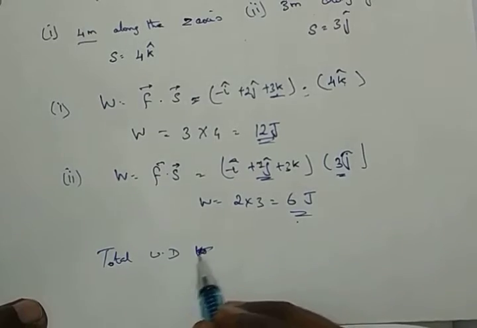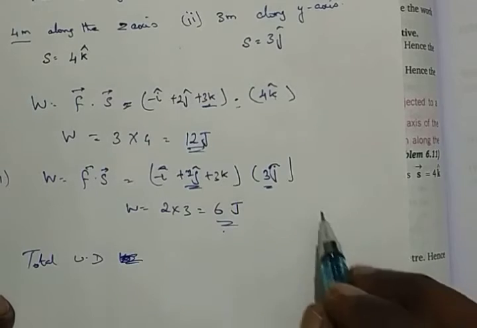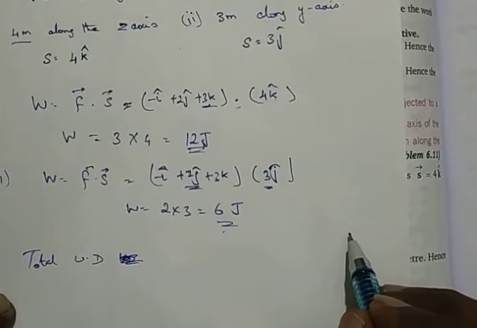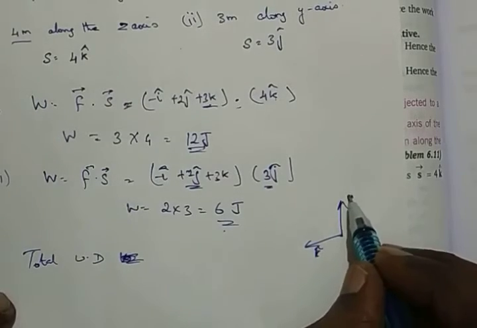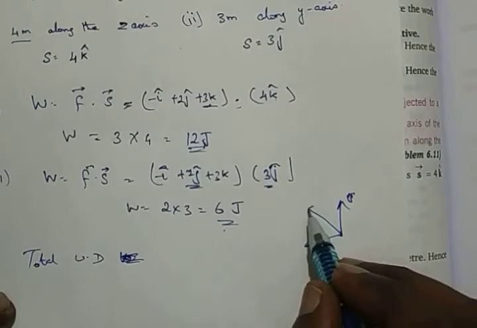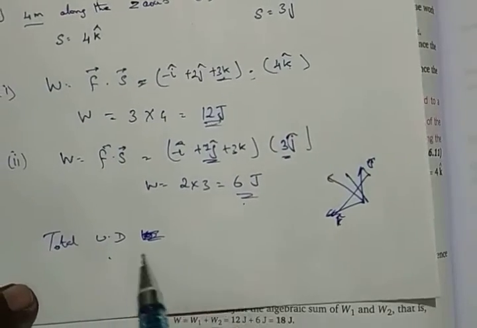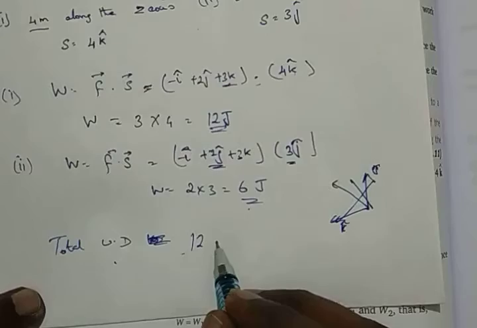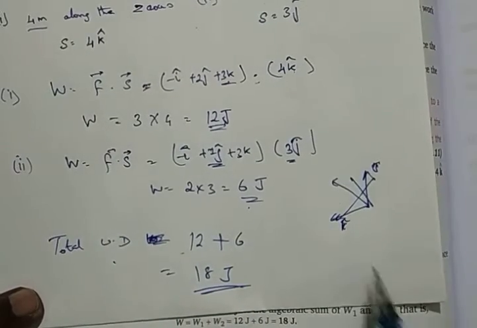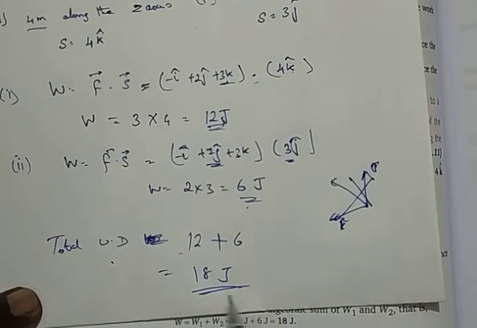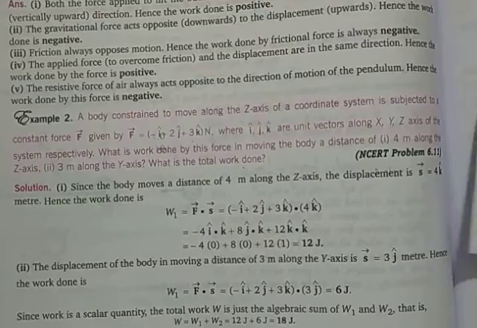Some of you will say, sir, this is k axis and this is j axis, so k cap and j cap, and then we need to take this one. Please don't consider all these things. Work done is a scalar quantity. So 12 joules plus 6 joules is going to be equal to 18 joules. No direction, no resolutions, nothing. You just need to add here. Okay, we'll go to the next question now.